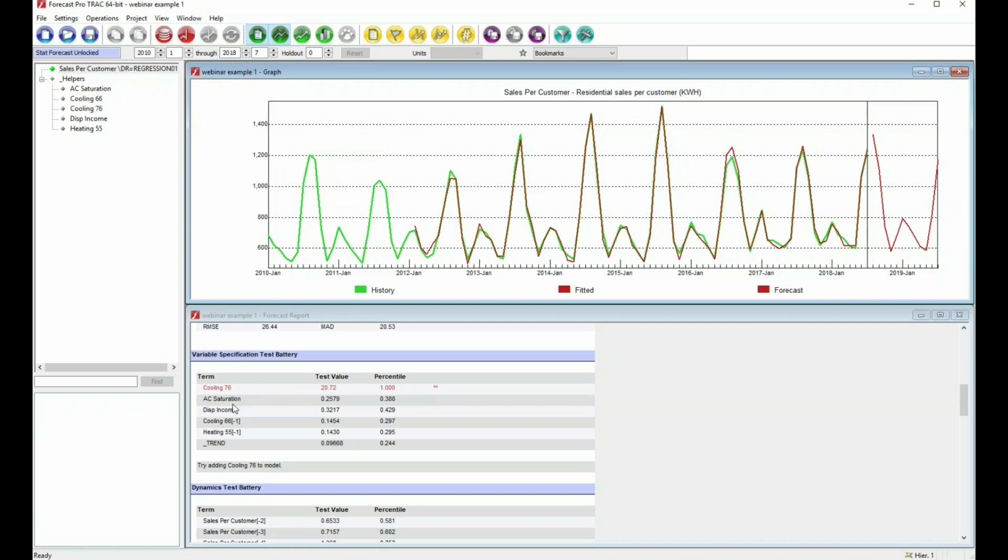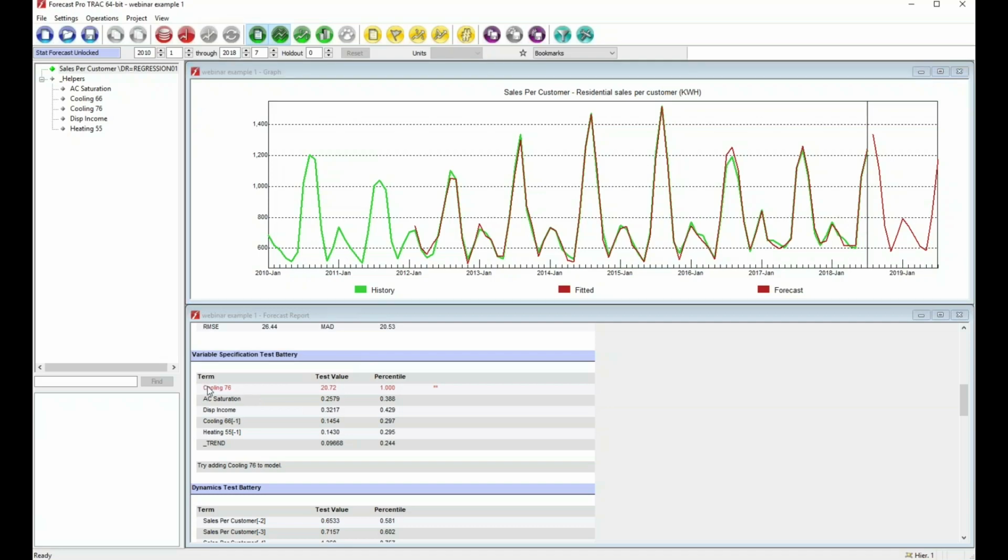Air conditioning saturation rates and disposable income were also variables that we had but did not use. Those tests are not significant, and so they're not highlighted. The program's also checking for things like the first lag of variables in the model and perhaps using a trend term. Bottom line is I notice that cooling 76 is highly significant, and that's evidence I may want to add it.